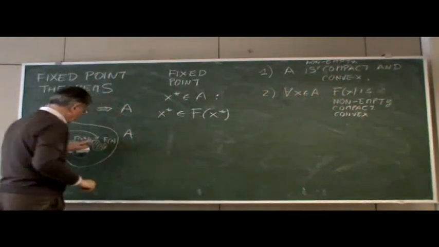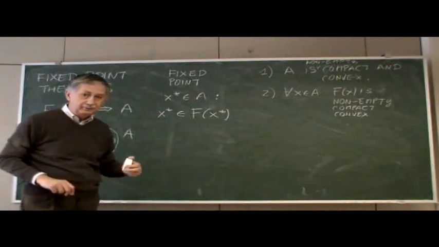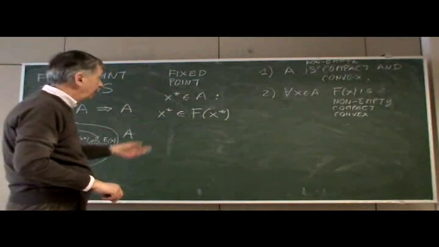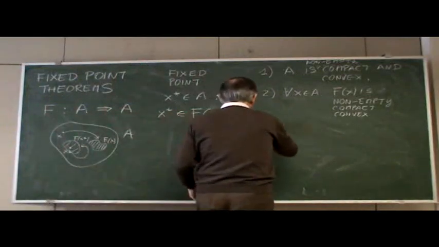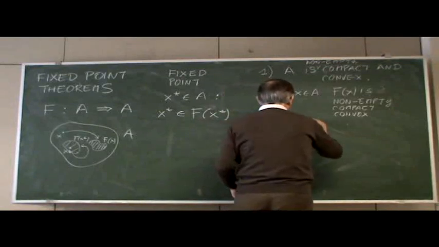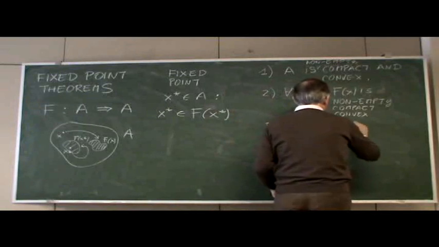This set f of x must be non-empty, compact, and convex as well, like the set A. Third, most important, f must be upper hemi-continuous.